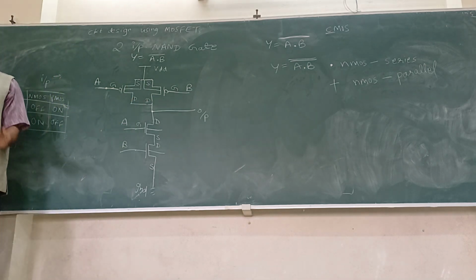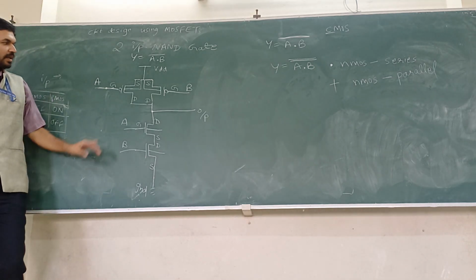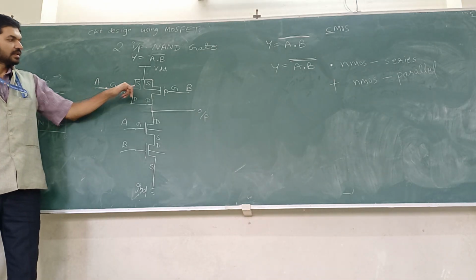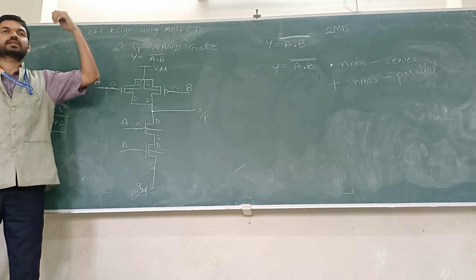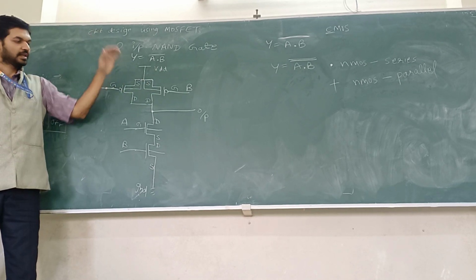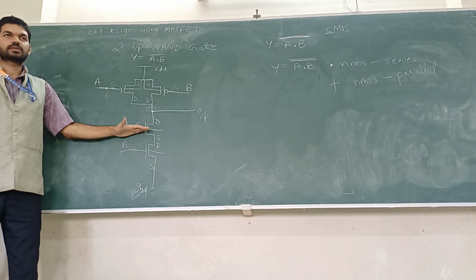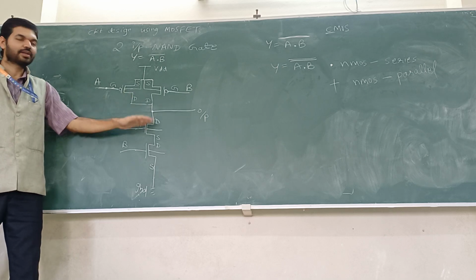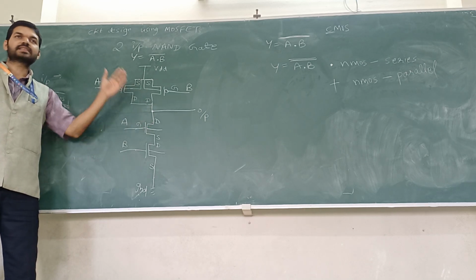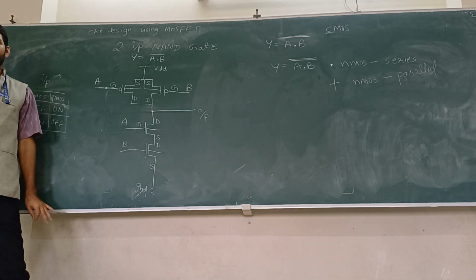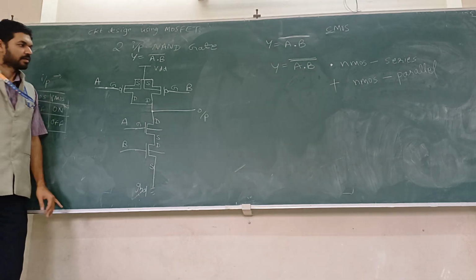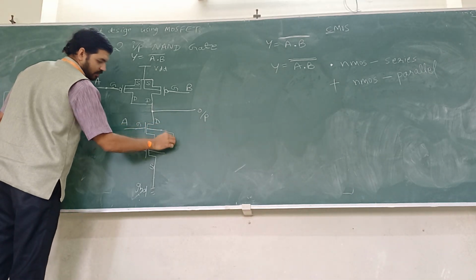Or in general, what we can say, the substrate or the bulk or the body of PMOS is connected to the highest potential. The substrate or the body or the bulk of NMOS is connected to the lowest potential. Okay. So this will go down.